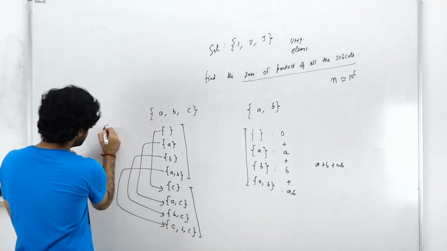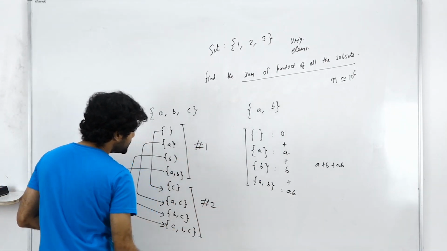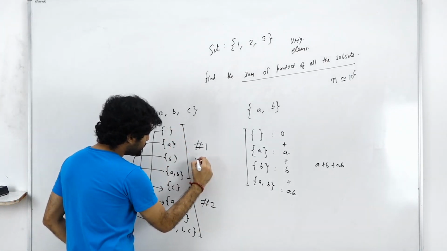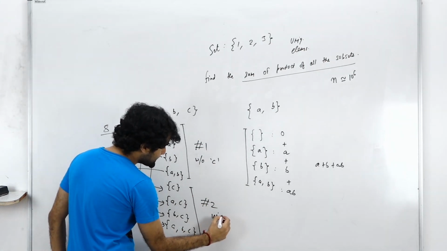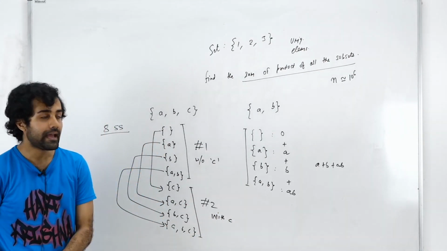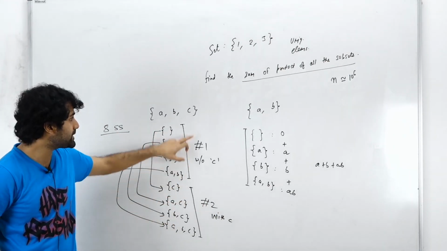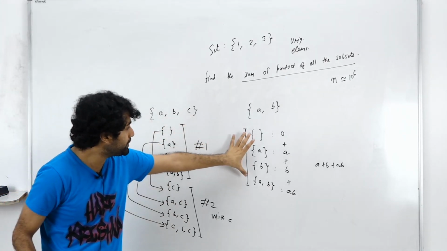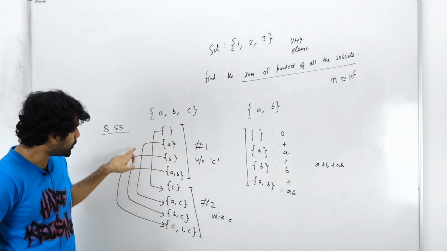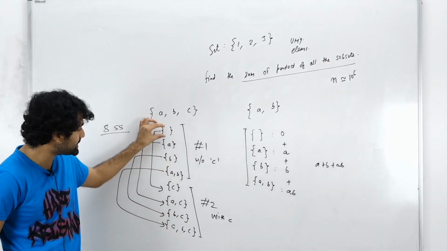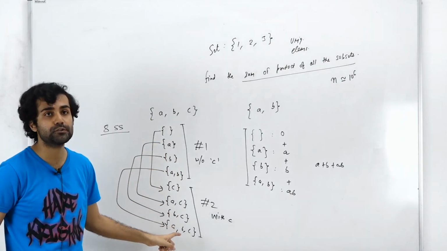Out of all the 8 subsets that I have, I can talk about 2 categories, category 1 and category 2. Category 1 is that category which is without C, and category 2 is that category which is with C. Okay, and the quantity of elements over here will be same as the quantity of elements over here, because the moment a new element comes, previous subsets will be retained, but all of them will give birth to one new subset, which will be nothing but that subset appended with C. And because they are distinct, so their children would also be distinct.